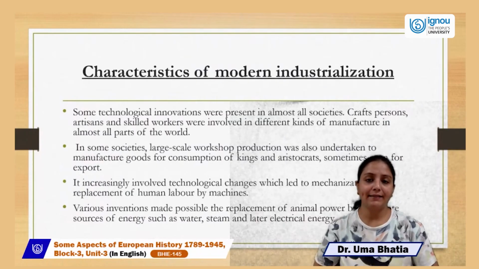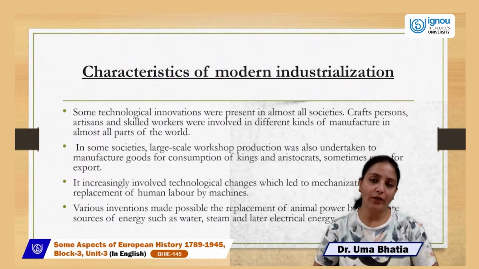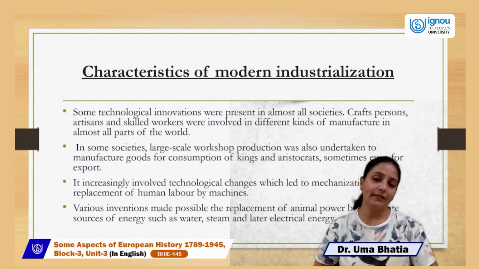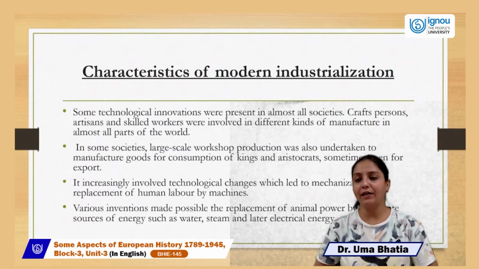Next is characteristics of modern industrialization. First of all, some technological innovations were present in almost all societies. Craftspersons, artisans, and skilled workers were involved in different kinds of manufacture in almost all parts of the world.